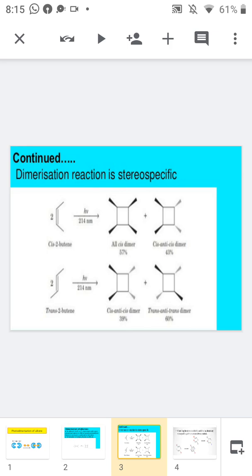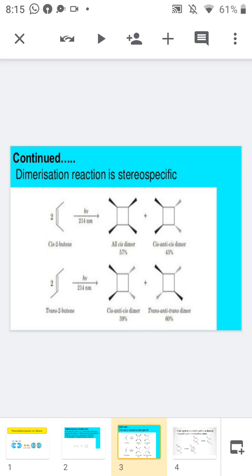Whereas in the cis-anti-cis dimer, both of the butenes are cis and they are combining in opposite directions. So we will get cis, meaning the two substituents are in one plane, and anti-cis, meaning the other alkene is added such that its substituents are in a different plane.